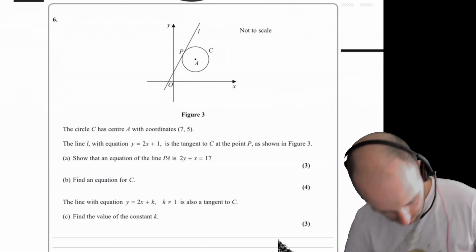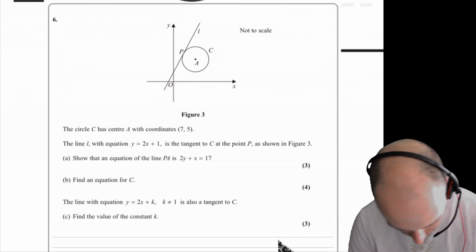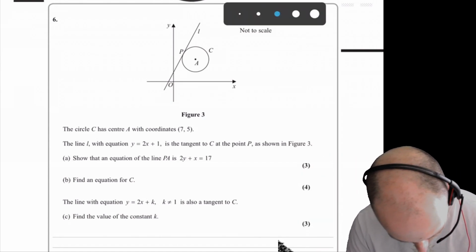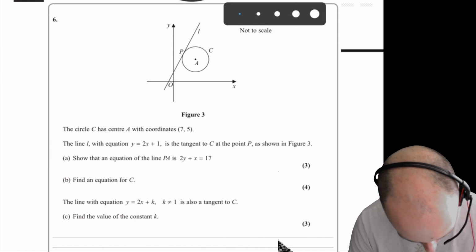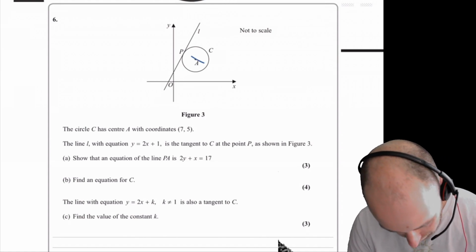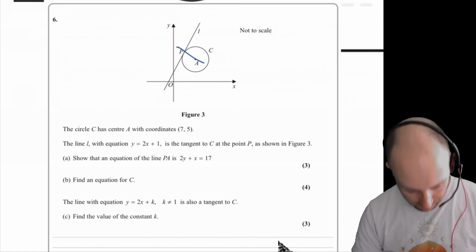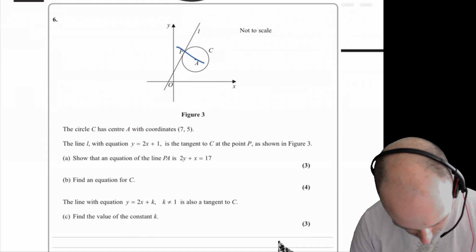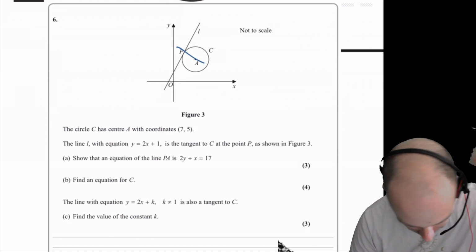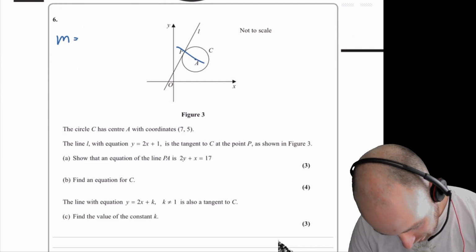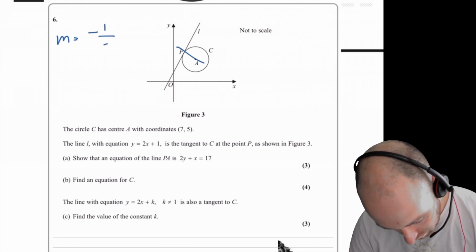Right. So we've got the tangent, which is 2x plus 1. We want to try and find the equation of the line PA. So I know the gradient of the line PA must be the negative reciprocal of 2, so that's minus a half.